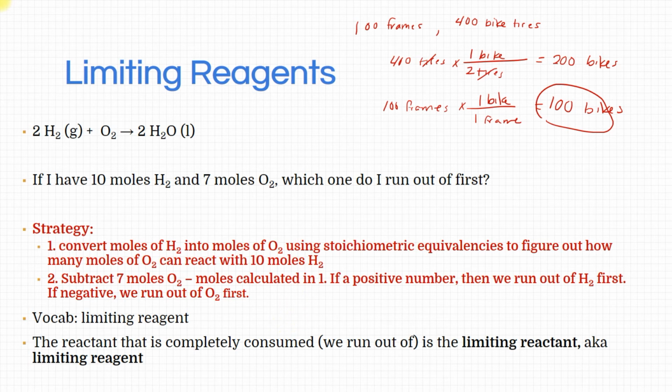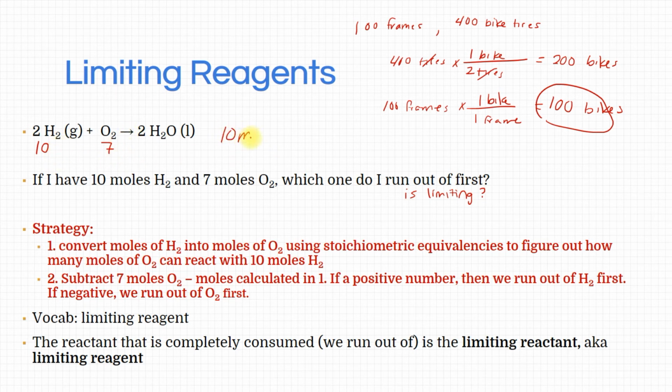So the same thing can happen in chemical reactions. So here's an example. If I have 10 moles of H2 and 7 moles of O2, which one do I run out of first? So that's the same thing as saying which one is limiting. Limiting, meaning I ran out of it. Okay, so to answer that question, we have to convert from one substance to the other.